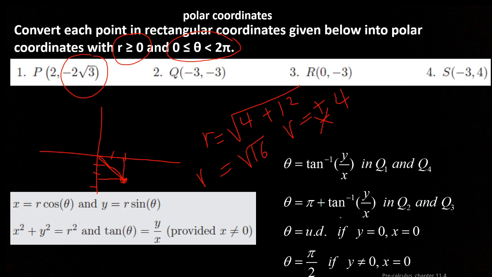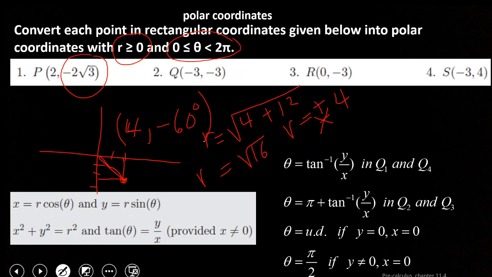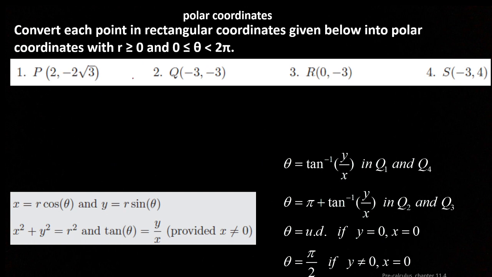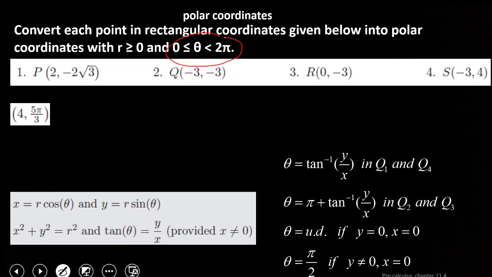So in polar form, I can write this as 4 and negative 60 degrees, right? Negative 60 works, but the only problem with negative 60 is that first of all we are told to do it in radian.